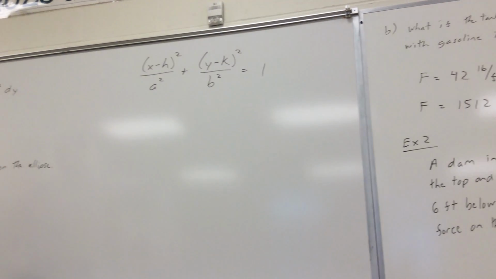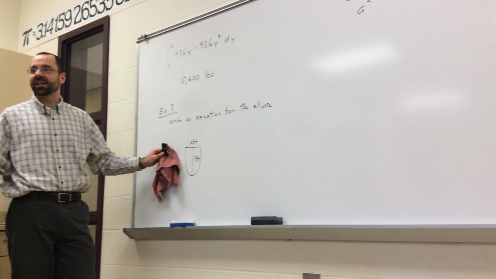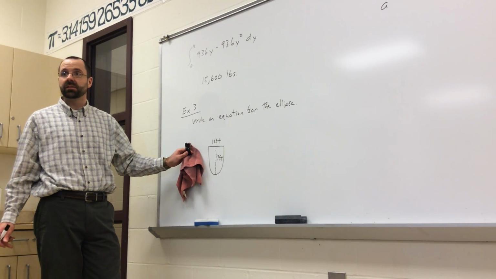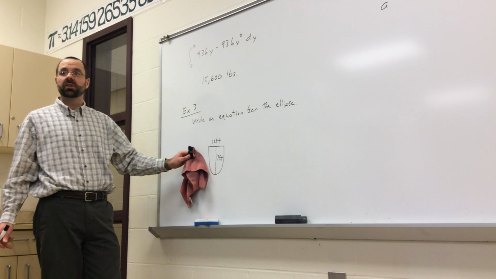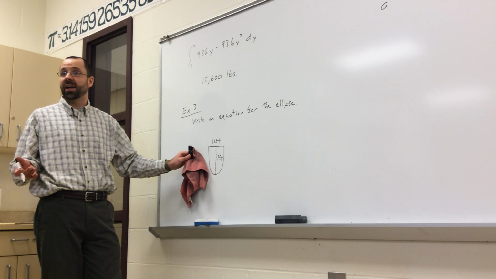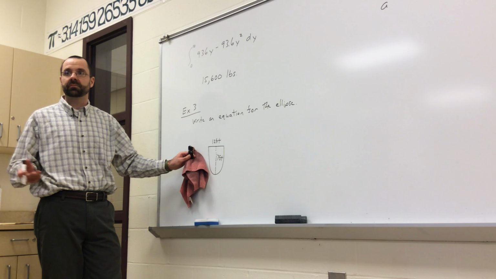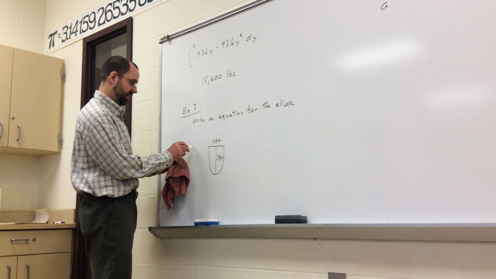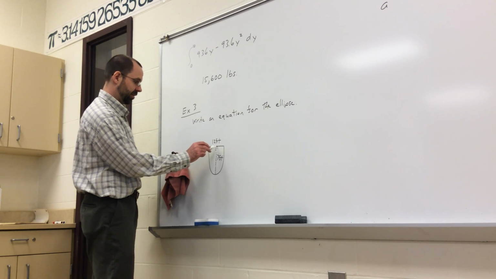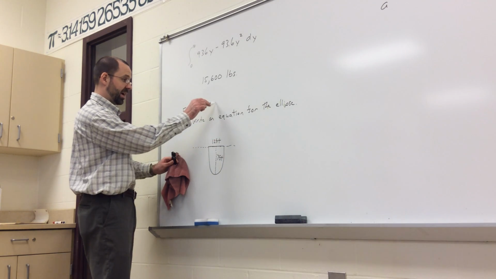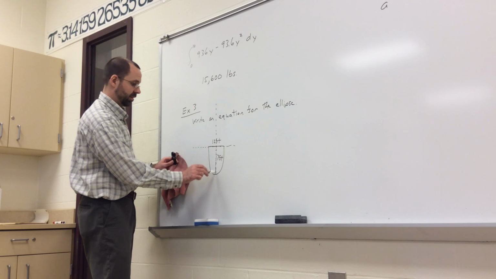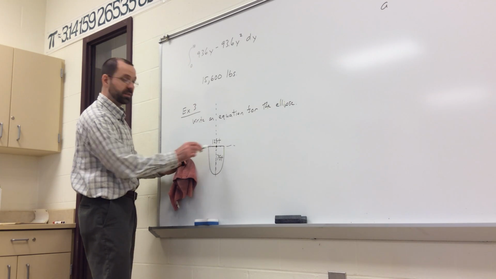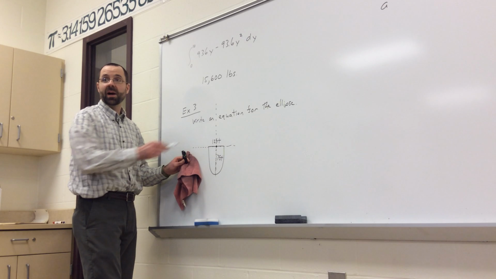So let's go back over here. We don't have an x-axis and a y-axis, right? In our picture. So we can place the x-axis and the y-axis wherever we want. So I'm going to put the x-axis here, and then the y-axis here, and then the point 0, 0 is the center of my ellipse.